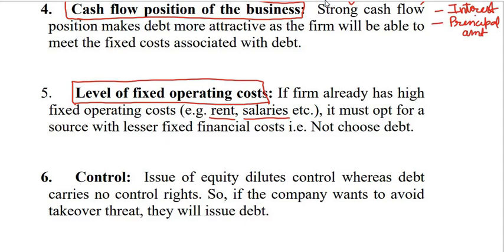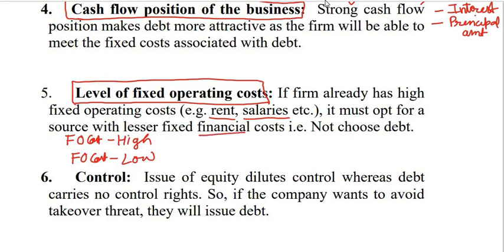So you have to see how much is your fixed operating cost. Is it high or is it low? So fixed operating cost high or fixed operating cost low. Then you have to compare. Accordingly, you will take a decision about your financial cost.